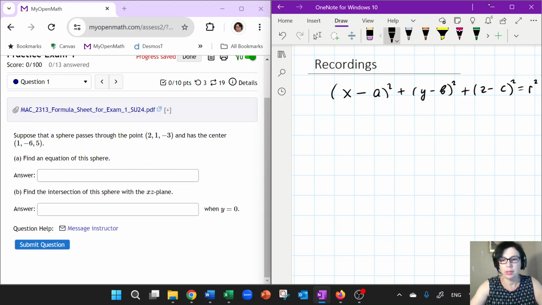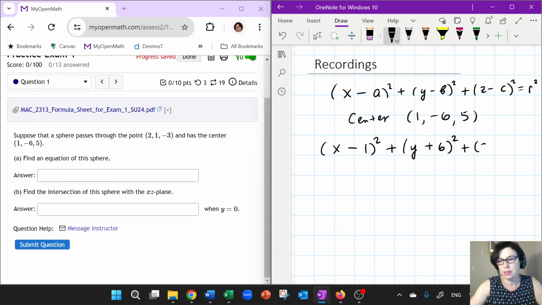The center is (1, -6, 5). So this equation is going to look like (x - 1)² + (y + 6)², since subtracting -6 is plus 6, plus (z - 5)² equals what?